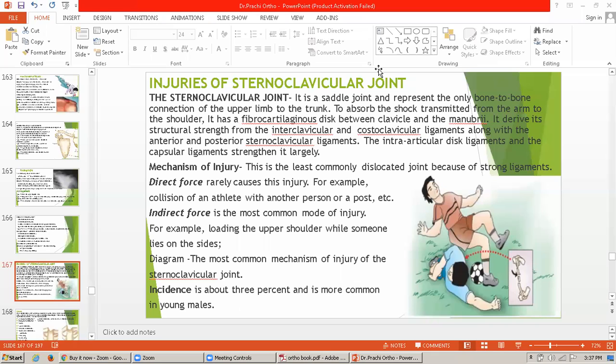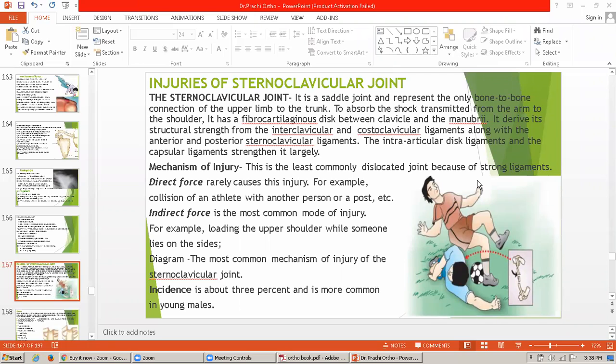In the diagram, we can see the most common mechanism of injury of the sternoclavicular joint. Incidence is about 3% and it is more common in young males.